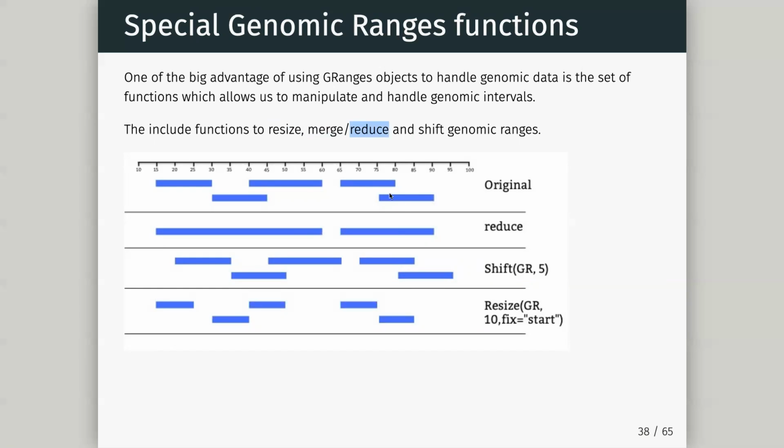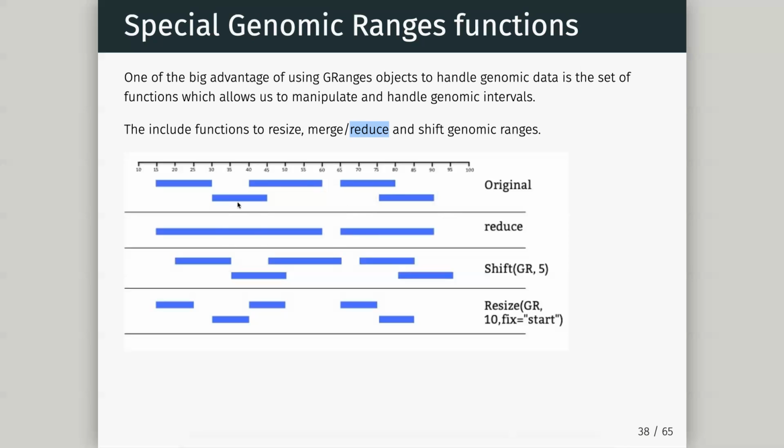Given two ranges, or in this case all five ranges, if I want to create a non-redundant set of ranges, I collapse these onto each other. And I have from the beginning of this range to the end of that range one range which represents these two. It's just like flattening them almost.